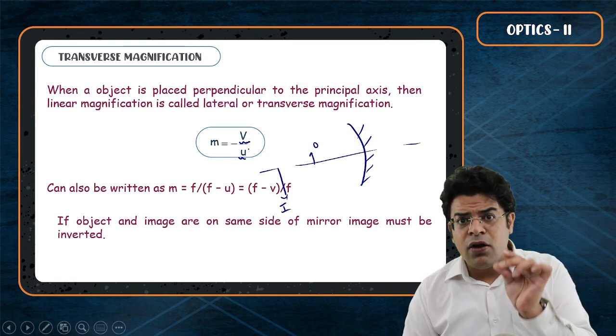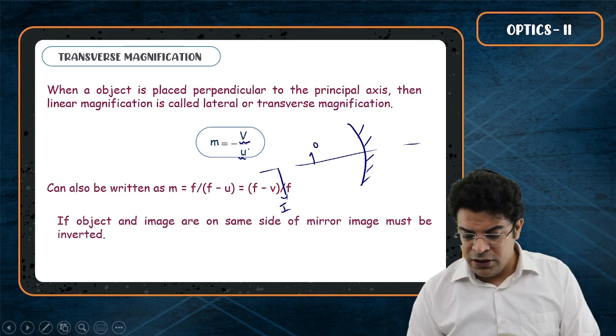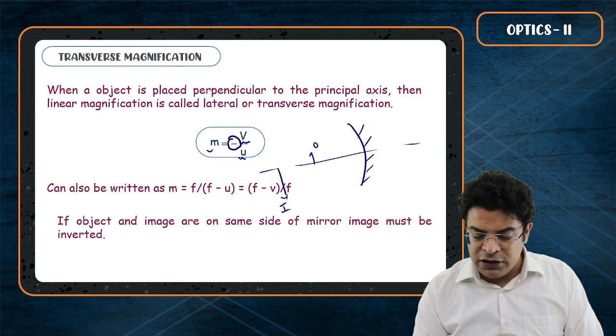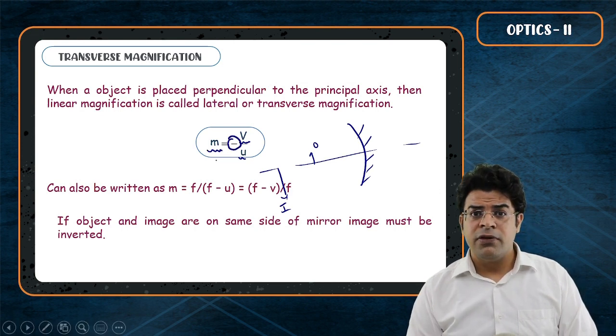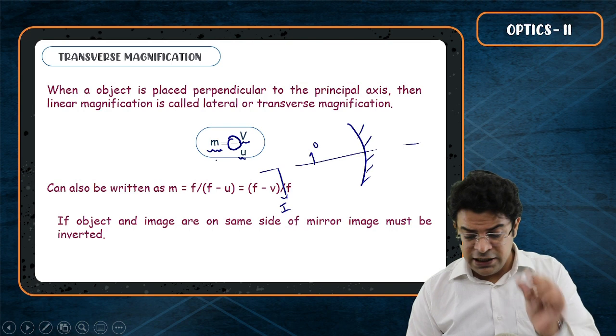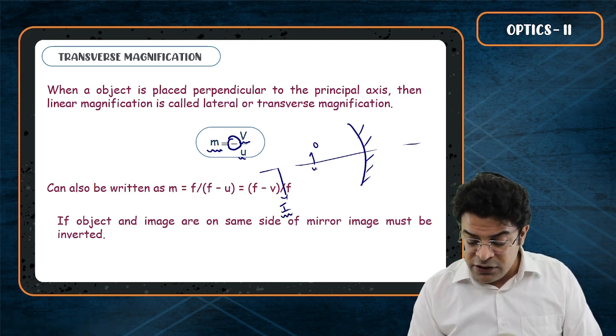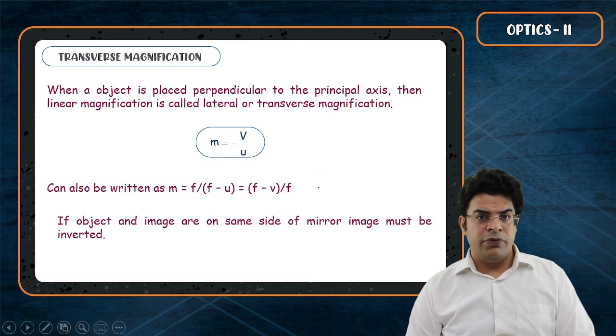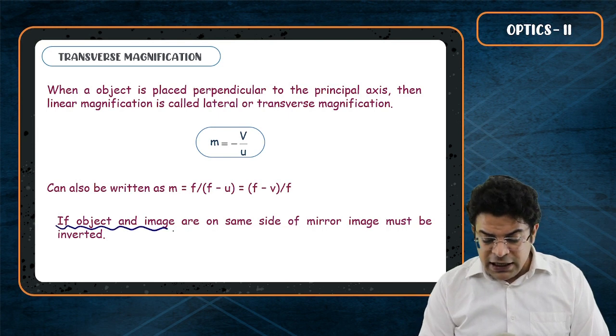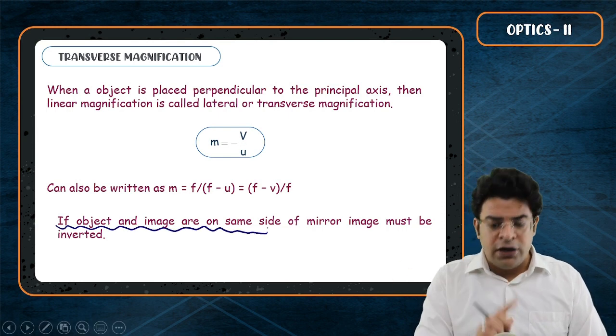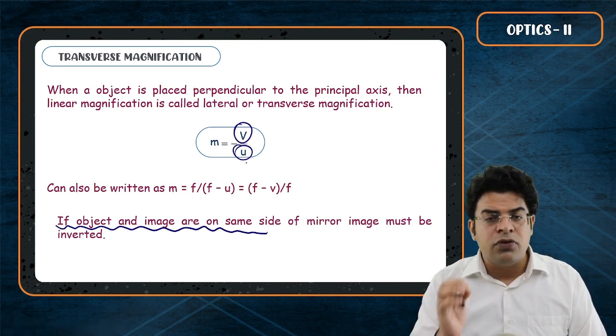If the sign of u and v will be same, then due to the minus sign in front, the magnification will be negative. And if the magnification is negative, it means that the image is inverted with respect to object. So if the object and image are on same side of mirror, then the sign of u and v are going to be same.